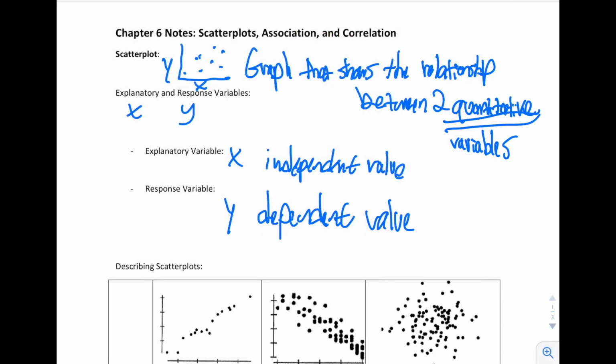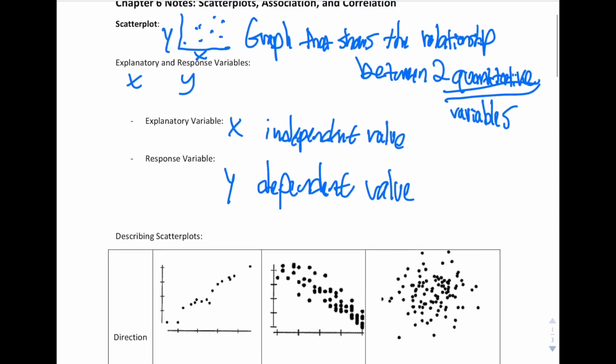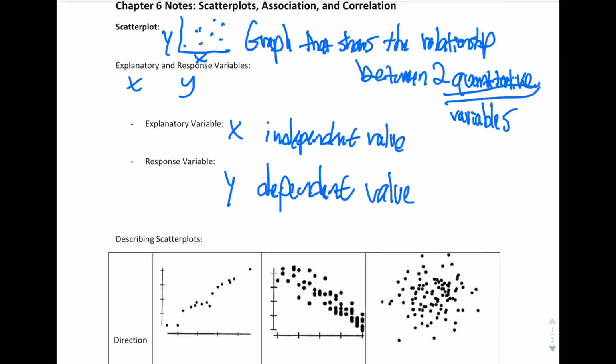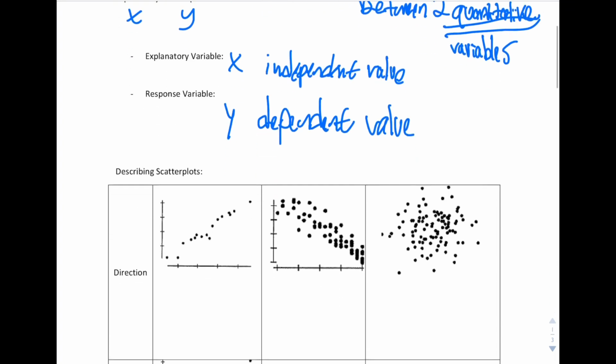So remember, these two quantities have to be quantitative. Otherwise, we can't actually get a scatter plot. And we'll actually get into using your calculator and how to put these scatter plots on your calculator. Your calculator can actually do some really cool things. So we'll get into that stuff later in the chapter.